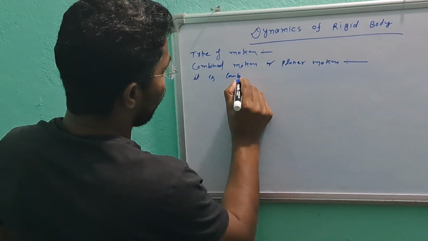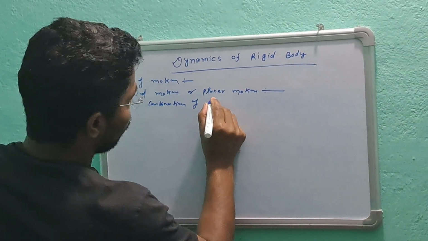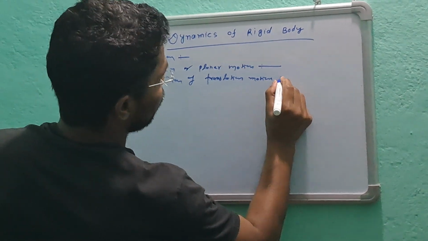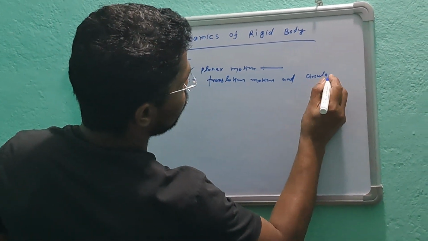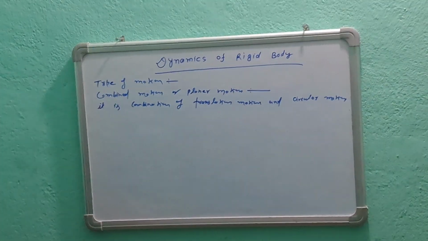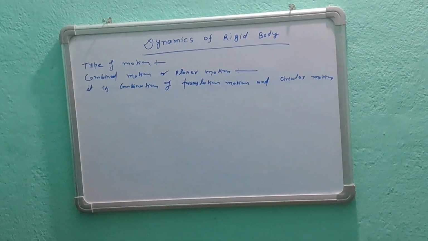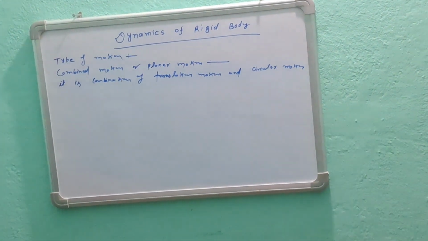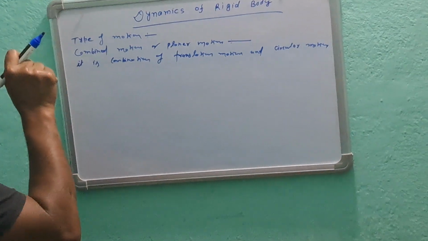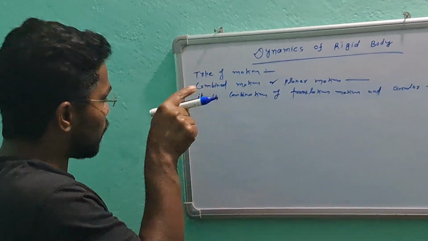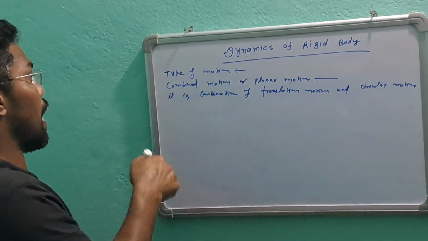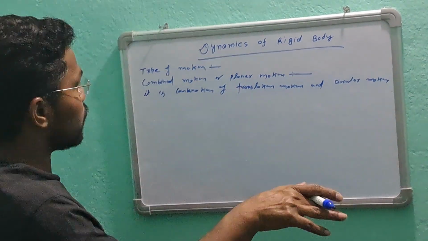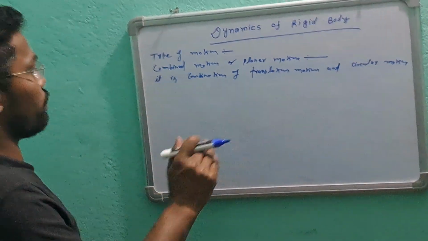Each and every point of the rigid body will follow circular motion about a fixed point or axis that lies inside or outside the body, as well as that fixed point or axis will follow a translational motion with respect to some different reference frame.